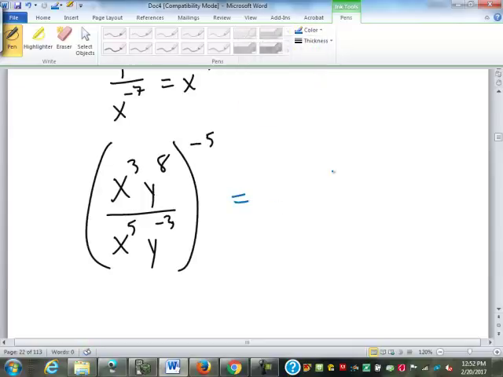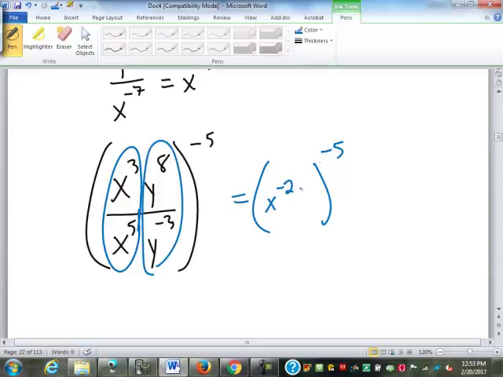Just for fun. Remember, we have to do what's in the parentheses first if we can. Can I do anything with the x's? X to the negative 2. You got it. How about the y's? Y to the 11th. 8 minus a negative 3 is 8 plus 3, or 11.